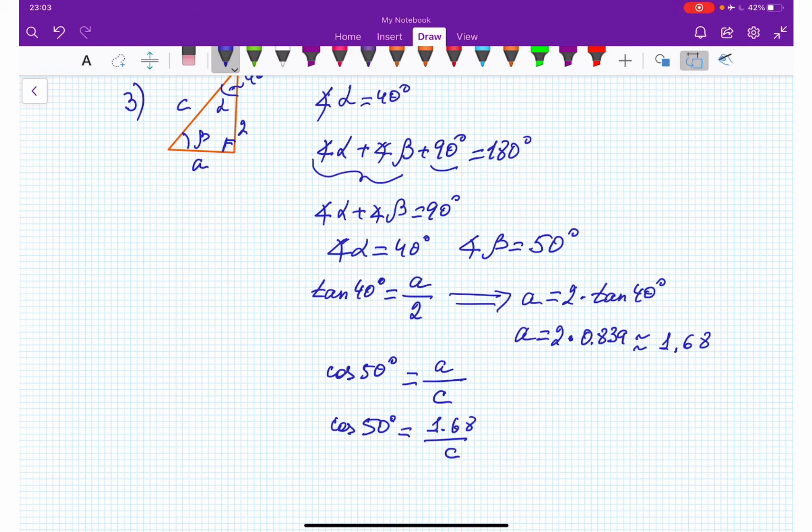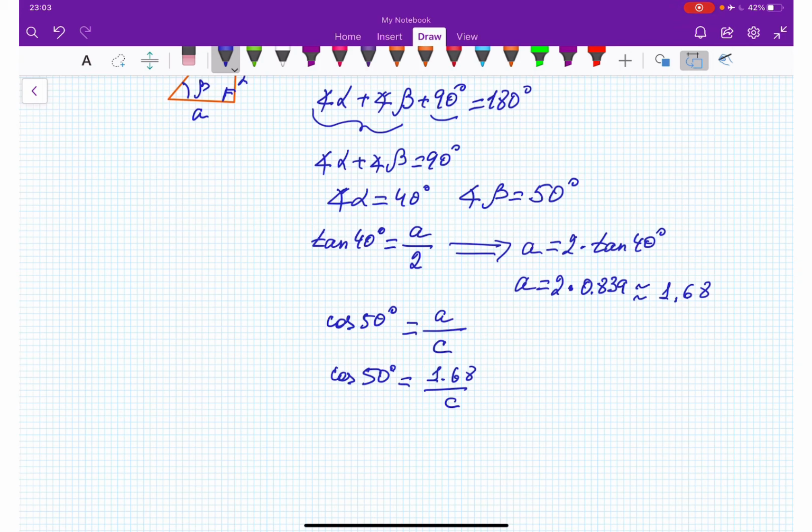Cosine 50 degrees is equal to 0.65. So 0.65 is equal to 1.68 over C. If I bring it to a common denominator, I multiply by C, this is gone, and I get 0.65 C is equal to 1.68.